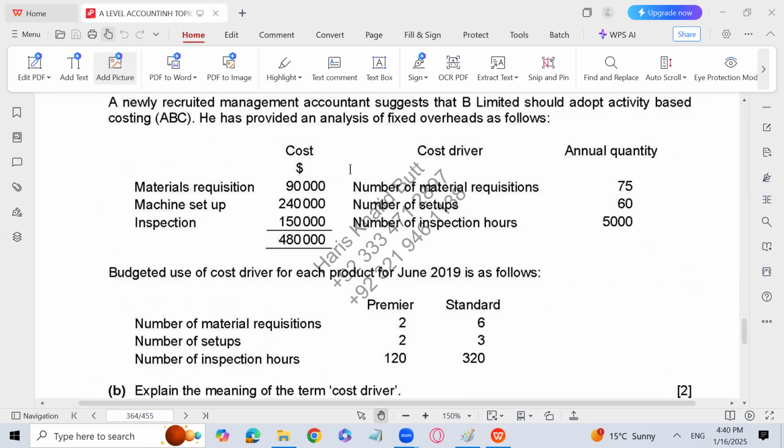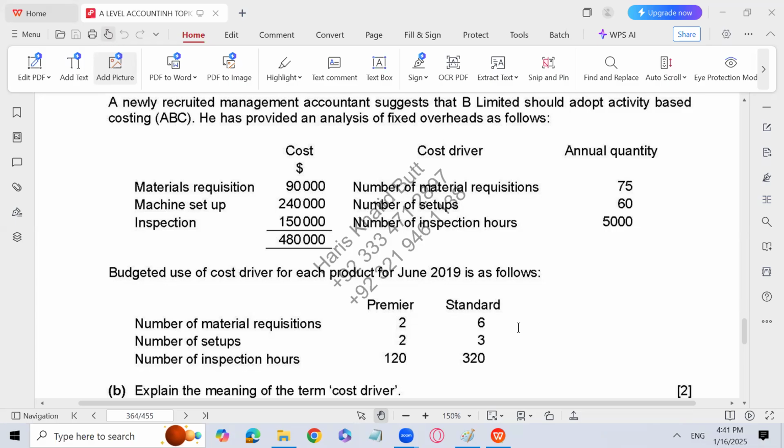So 90,000 total, the number of requisitions is 75, right? Out of those, 2 are assigned to the premium and 6 are going to be assigned to the standard. You're getting the point? So you are not going to divide it through 2 plus 6, 8. No, that will give you a wrong answer.